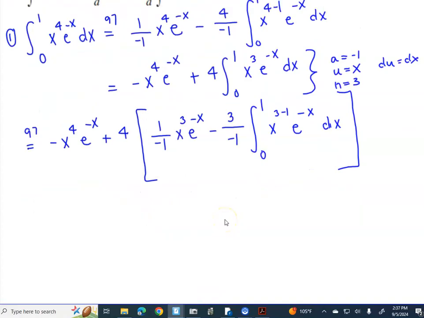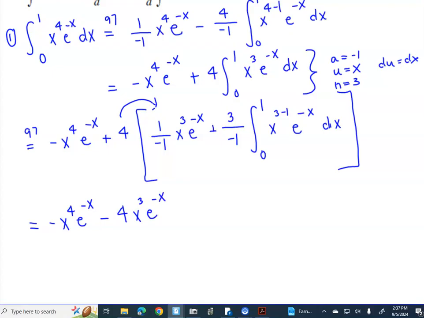So let's go ahead and distribute. So we have negative x to the fourth e to the negative x, and if we distribute, 4 times -1 gives us -4 x to the third power e to the negative x.